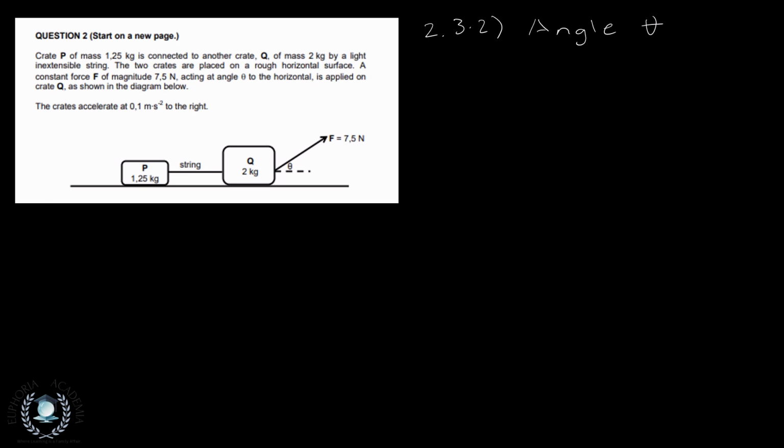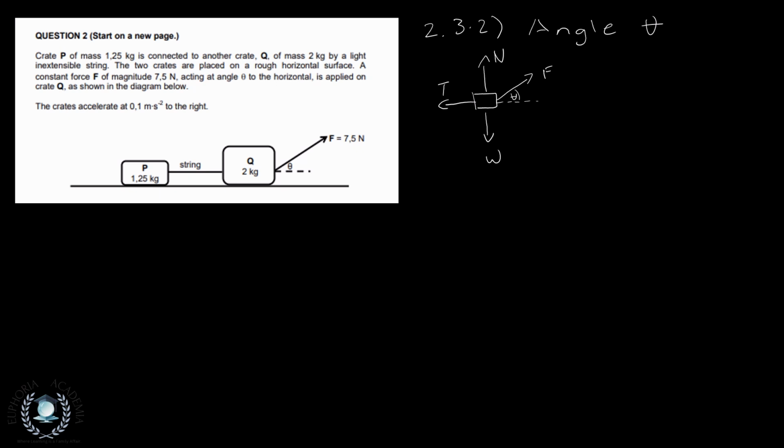Alright, so let us quickly do a free body diagram of what's happening there by the block Q. Block Q is going to have tension from that block P. It's okay, let's just quickly do everything. We're going to have a normal force. Now we won't be asked for this free body diagram, but I think it does help. We're going to have our weight, and then we have this force F applied at this angle theta.